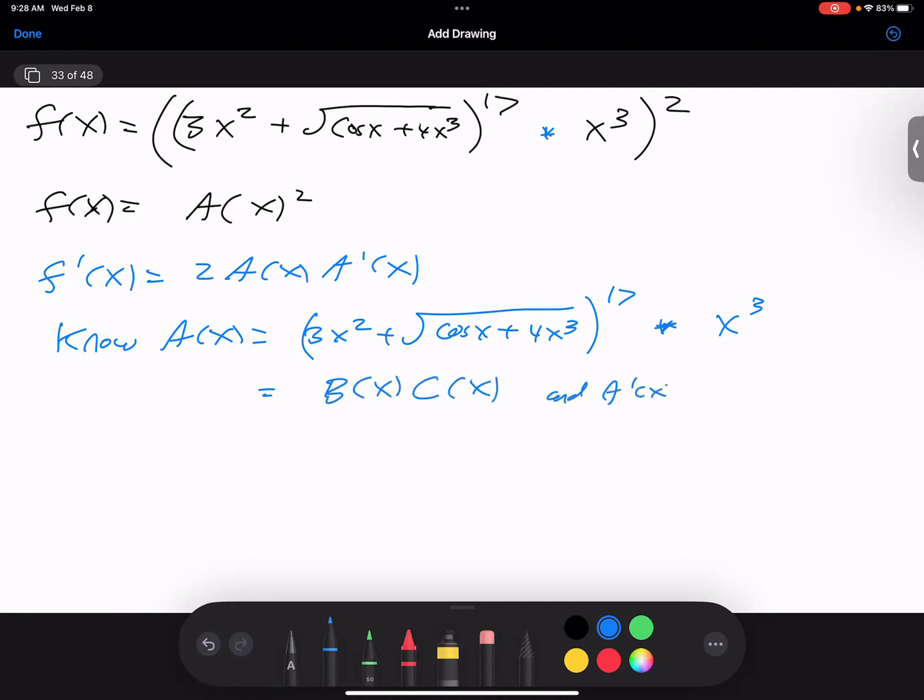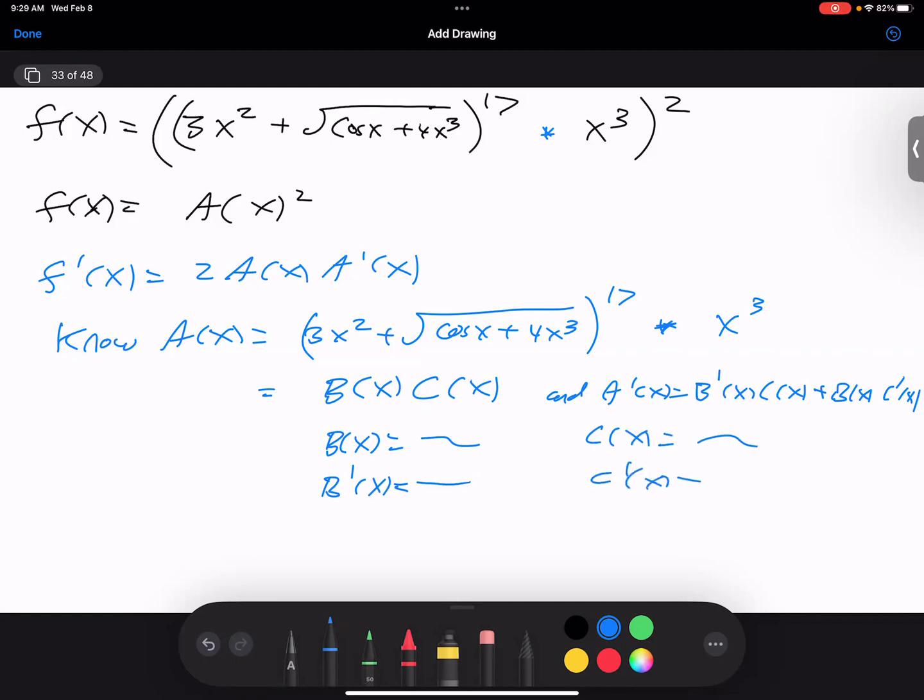And a prime of x is b prime of x, c of x, plus b of x, c prime of x. So I'm stating the rule I'm going to use, and I can write b of x equals blah, b prime of x equals blah, c of x equals grr, c prime of x equals, and I just put that all together. Which ones of these is going to be nice? Well, c and c prime isn't so bad. There's no real reason to do that. This is just x cubed, 3x squared. And then to get b prime of x, what would I do for that?